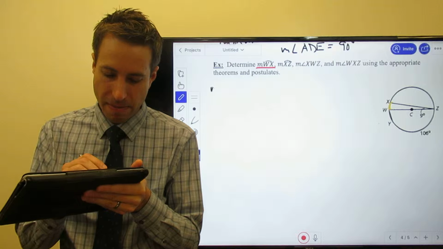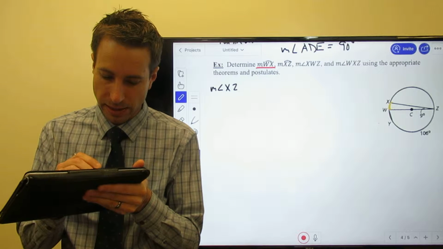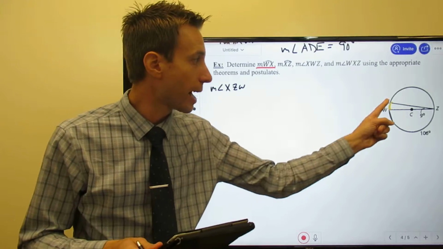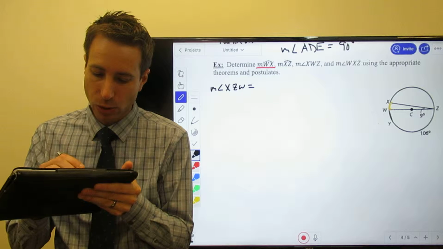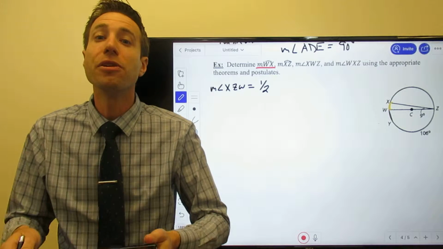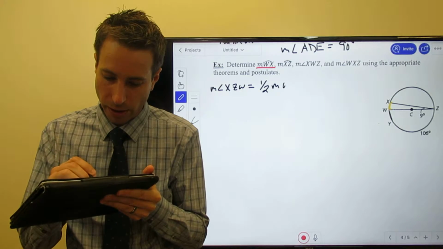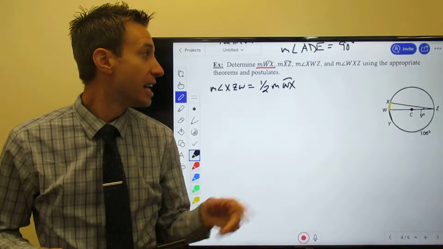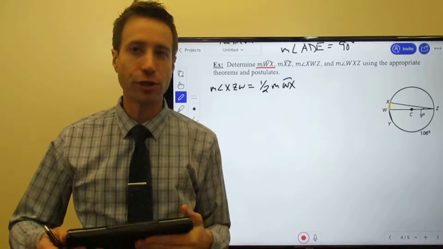I know that the measure of angle XZW, which I've given you as 90 degrees, has to be equal to 1/2 the measure of arc WX, which is what I'm asking you to find. Well, what is the measure of the angle? I gave it to you in the diagram.